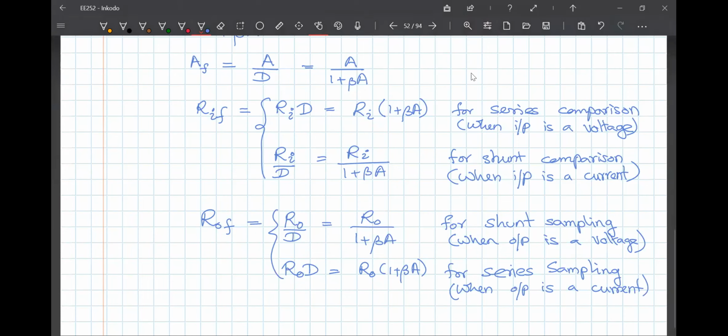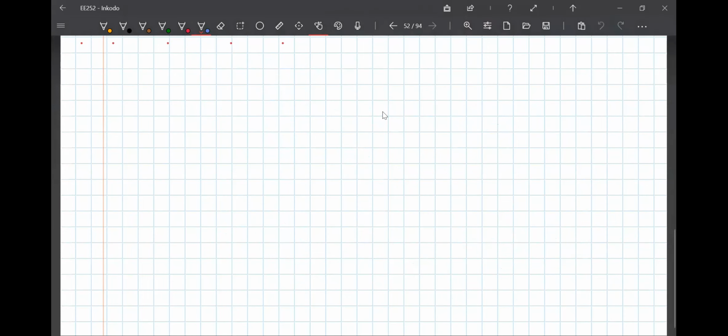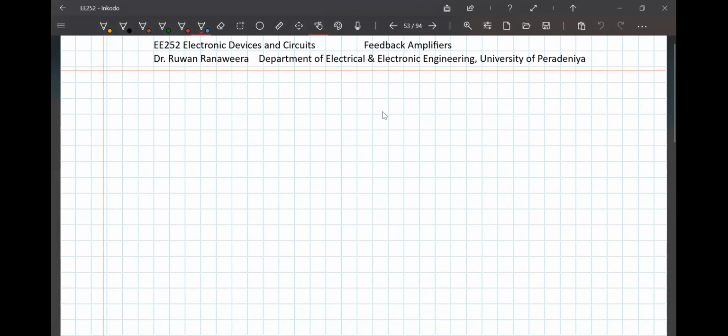Now today we are going to move on and analyze an example circuit. We are going to look at an example circuit and do this analysis carefully and see what the steps are that we need to follow in order to analyze any feedback circuit. Okay, so this is an example of how to do this.